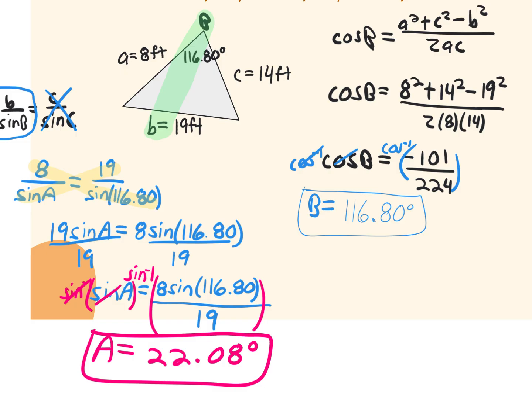All right, what's the only thing missing now? Angle C, right? So to find angle C, subtract everything from 180. So to find the measure of angle C, we're going to do 180 minus the two angles that we have, so minus 116.8 minus 22.08.